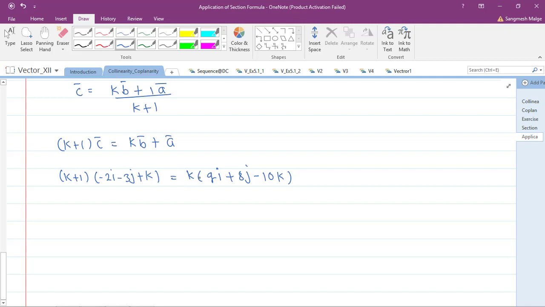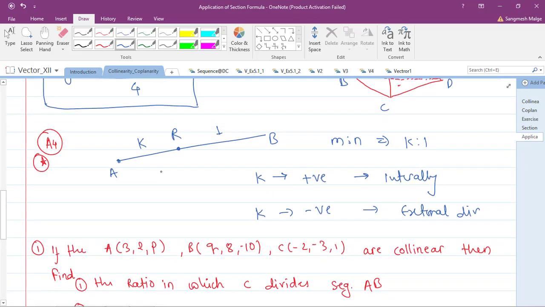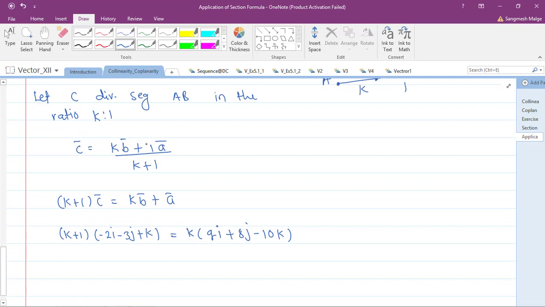Instead of k we'll take another letter, because this k and that k will get confused.